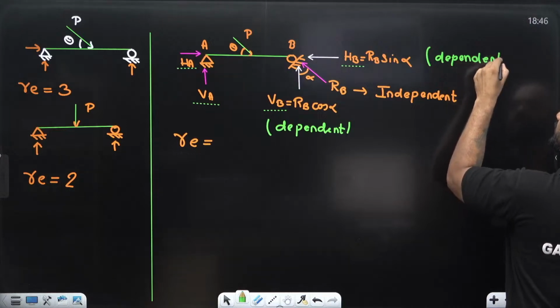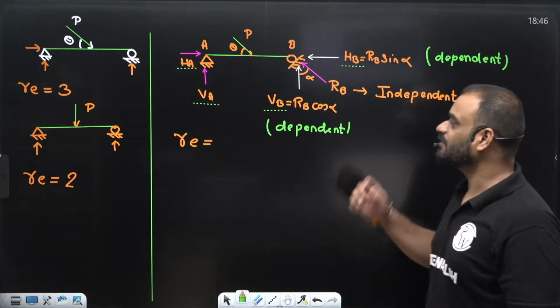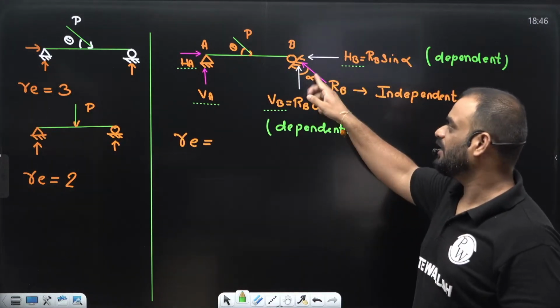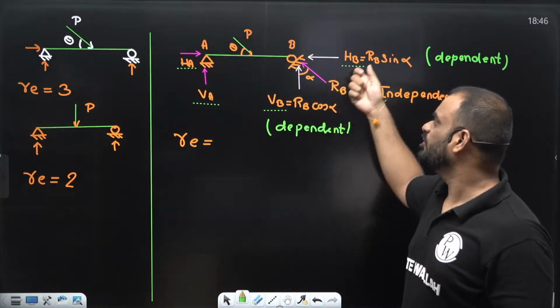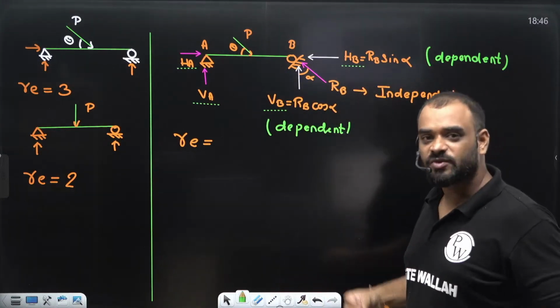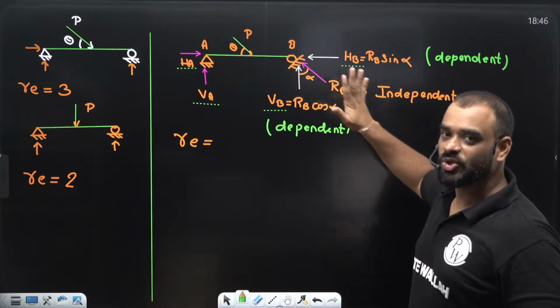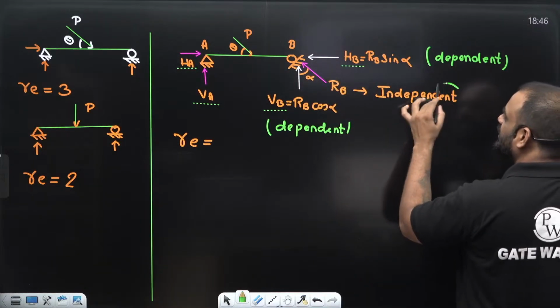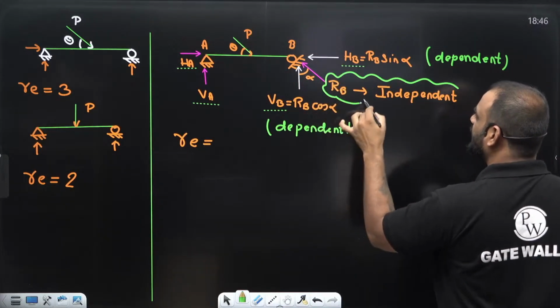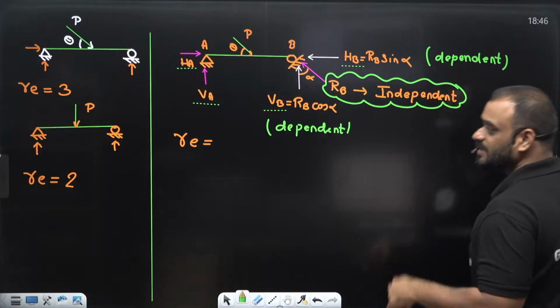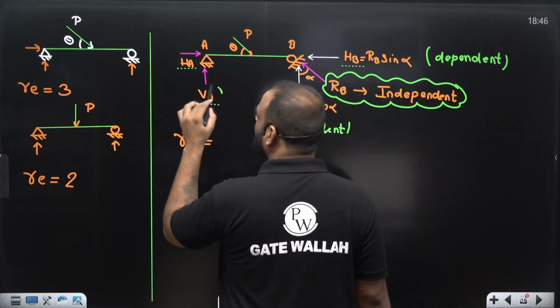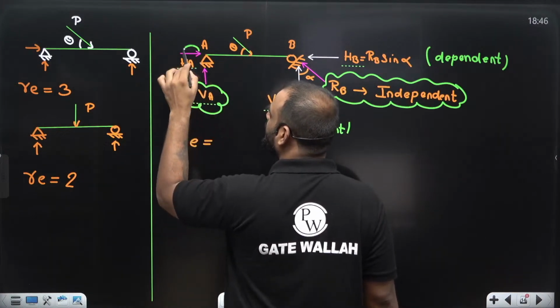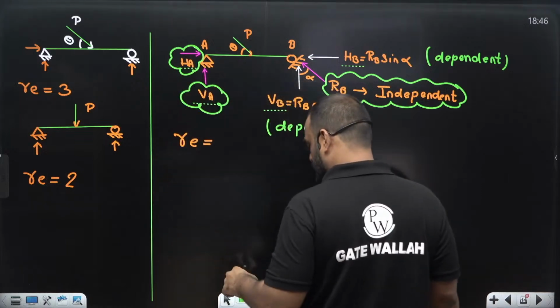If you consider this value as unknown, and after knowing the value of RB and alpha, you are able to get the value of VB and HB easily. That's why in this condition, you need to consider this particular reaction, which is RB, as an independent reaction. Similarly, at this support, VA and HA both are independent.